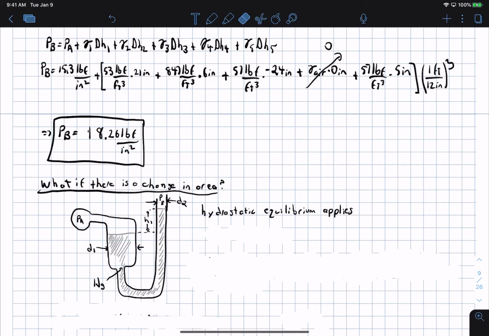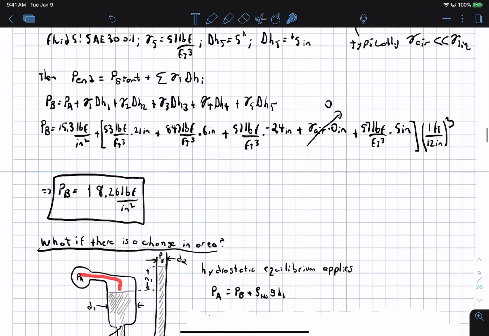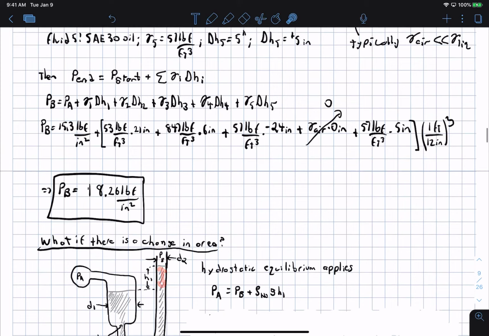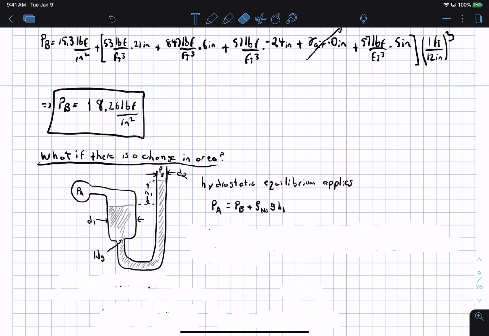So we know that PA equals PB over here plus this little section here. I keep bumping it. Sorry about that. And so I'm just going to call this fluid mercury for the sake of argument here, and it's just PB plus rho g h1 here. Okay.